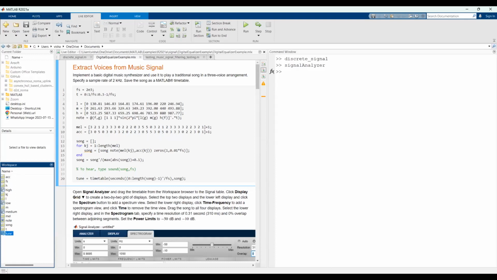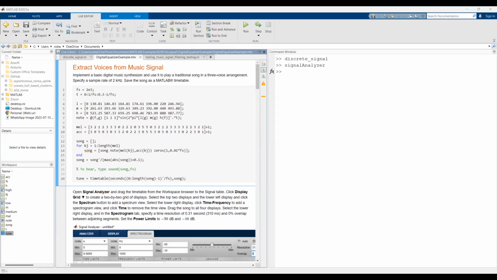What I need to do is just use drag and drop, or else I think it automatically comes up once I run the command in the normal MATLAB command window. Automatically the Signal Analyzer app takes that parameter into its workspace, right?